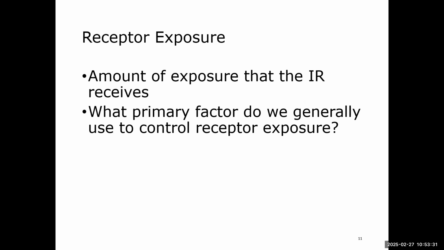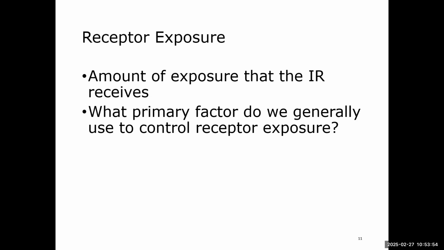The definition of receptor exposure is just the amount of exposure that the IR receives. So it's not a measurement of patient dose, it's a measurement of dose to the actual IR itself. How much exposure made it through the patient and interacted with the IR. That's what receptor exposure is.